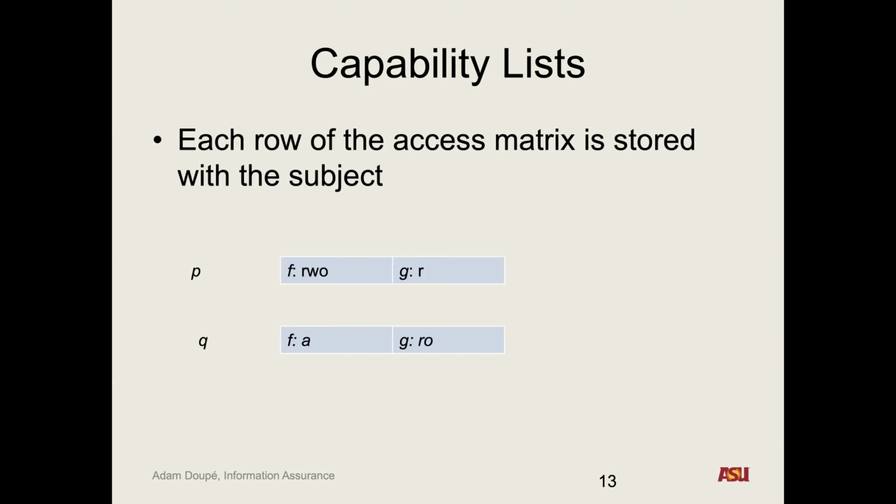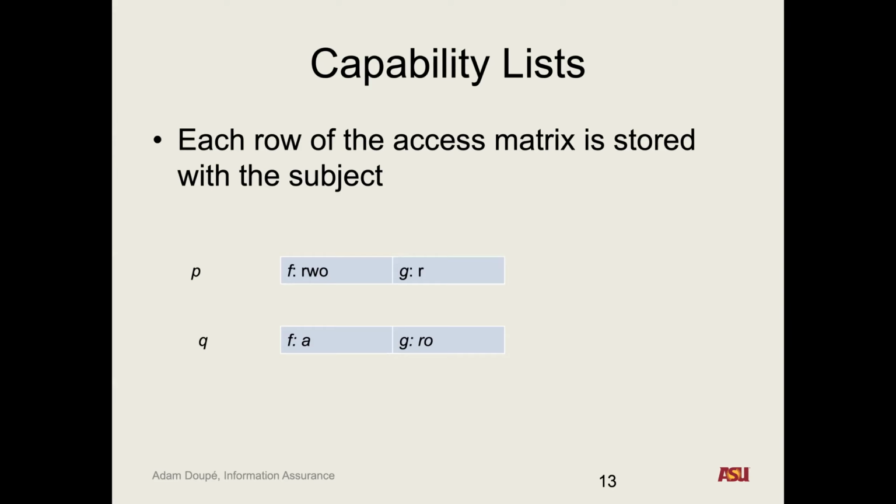I can say, okay, for the subject, what access do they have? And I can see exactly all the access that each user has. But again, a problem is, what if I want to say who has access to file F? Yeah, great example, Austin. If I remove a file, or let's say add a new file, I have to go and update all the capability lists of everybody in my system. So you can see that these have a very natural trade-off depending on if you're focused on subjects or on objects.